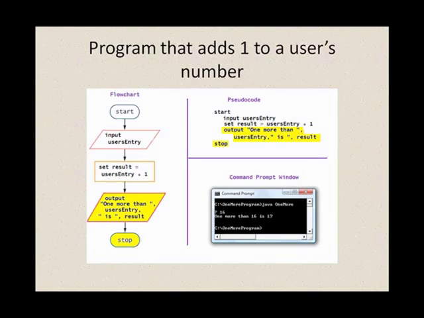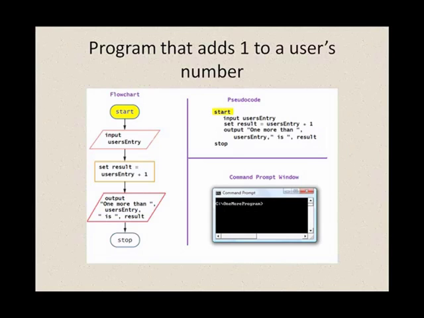The next step in both the flowchart and the pseudocode is to output the words 1 more than, followed by the user's entry, followed by the word is, and ending in result. On the screen it says 1 more than 16 is 17, because 17 is the value of result. And then the program ends.